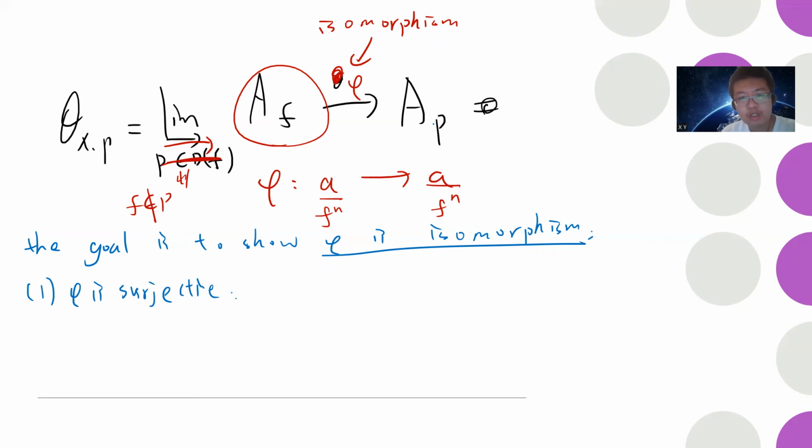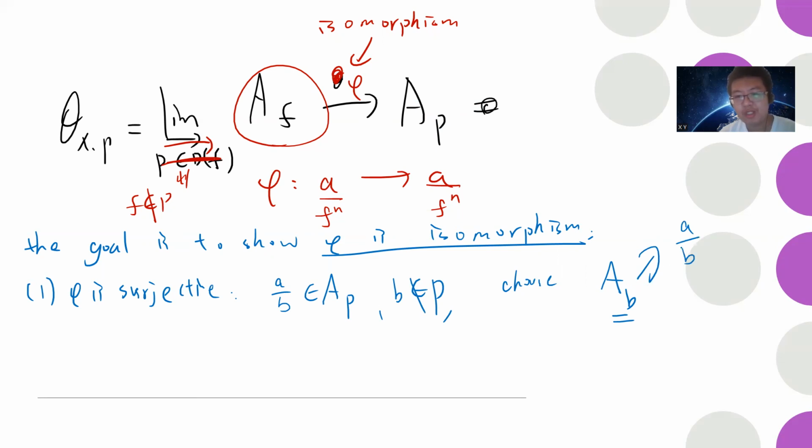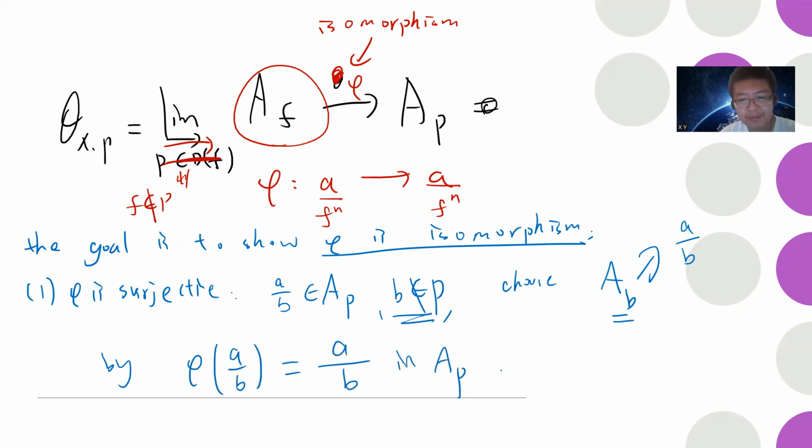If I take a divided by b belonging to A_P, I know that b does not belong to P. So I can choose a divided by b in A_b, because b does not belong to P. If I localize at b, I get a divided by b. So obviously I can choose a divided by b in A_b, then by definition phi of it will be a divided by b in A_P. So this is surjective, trivial.